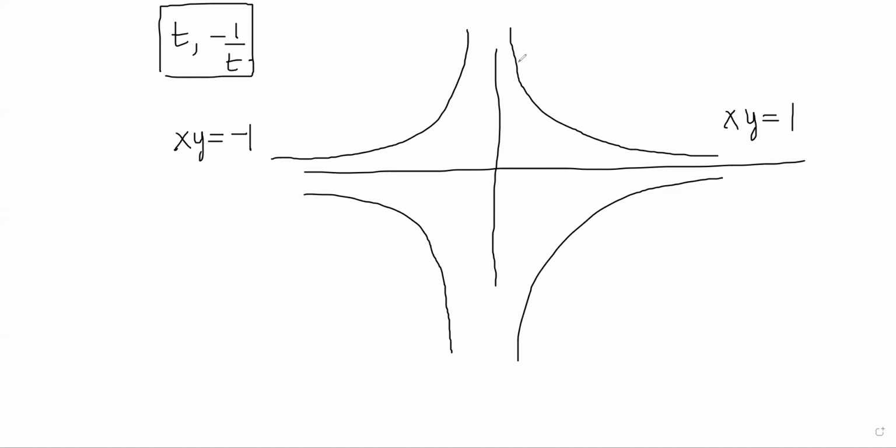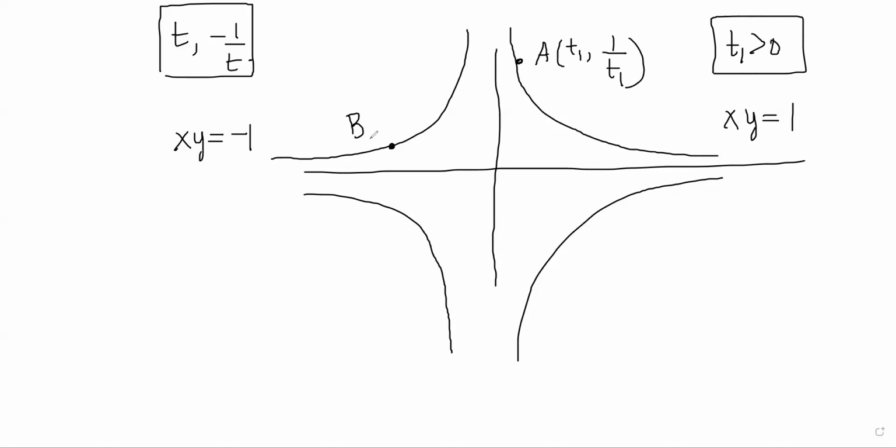So let's write those points as these. Let's say one point is here, A, which is t1 comma 1 by t1. Here t1 is greater than 0. Another point could be here, B. This point will be minus t2 comma 1 by t2, where t2 is positive. It lies on the curve xy is equal to minus 1. t2 is positive, so I'm putting it in the second quadrant, so it has to be minus t2, right?